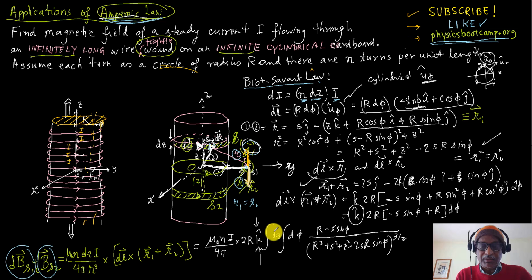Another thing you can see here is although dz is going from minus infinity to infinity and dphi is 0 to 2 pi, this integral is really hard to do in general. You might be able to do this integral and get some answer, but in general it's very hard to do. You might try doing it, I don't know, but I would not recommend that. It's because of sine phi down here.